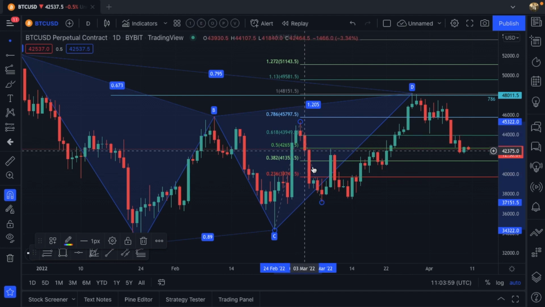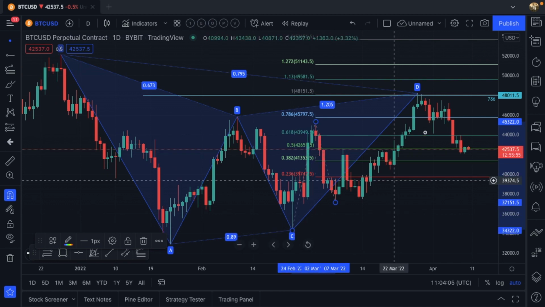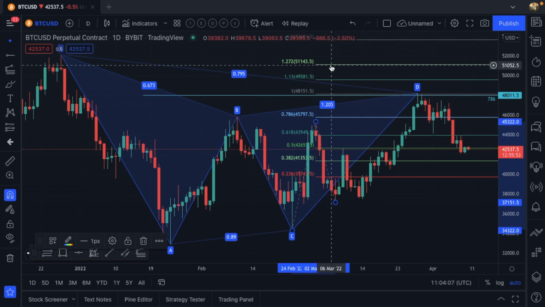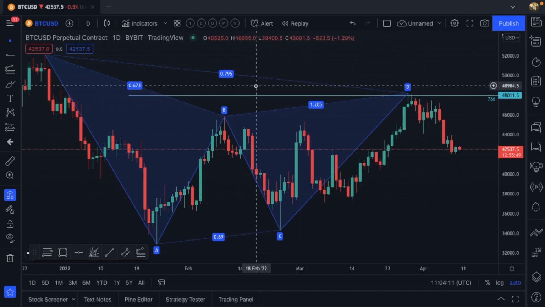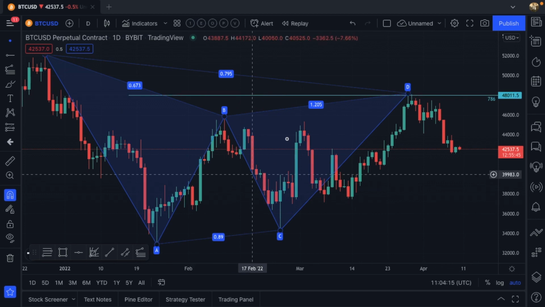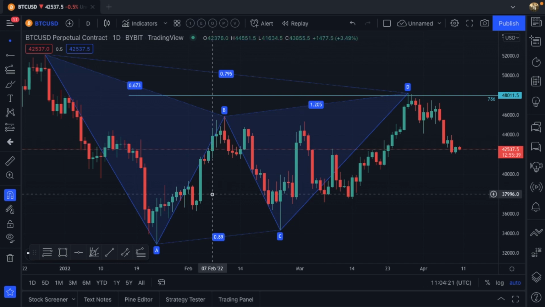And this one, my friends, is huge. A one-to-one extension is so massive. All right. So let me just take this off here. But the main thing we're looking at here is the 786 in our PRZ, remember? The other thing would be the distinct ABCD pattern, which we do have.